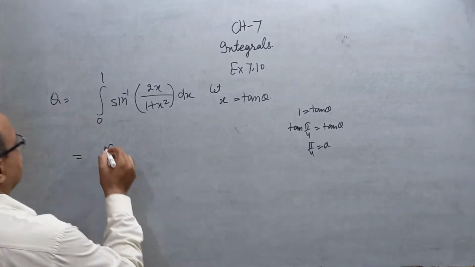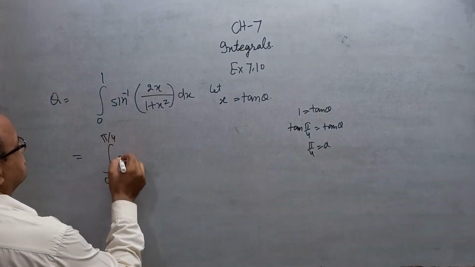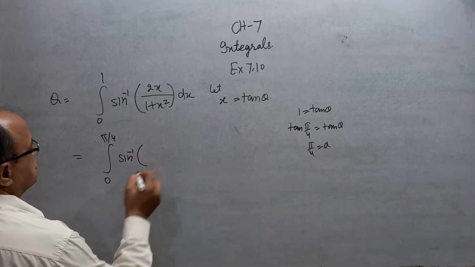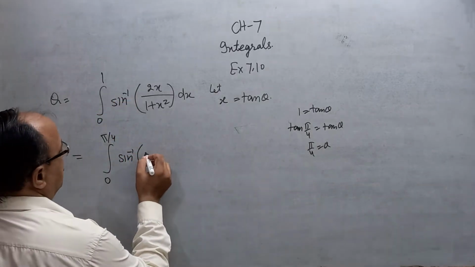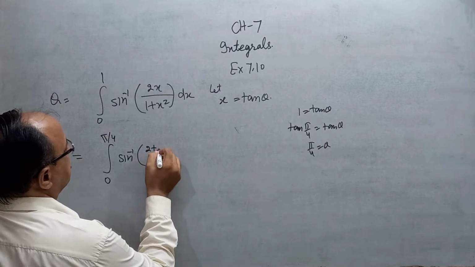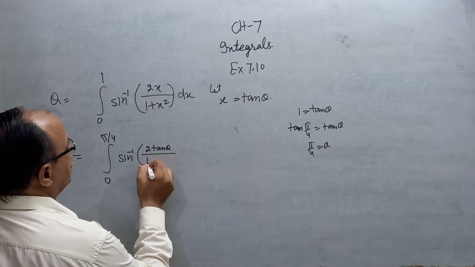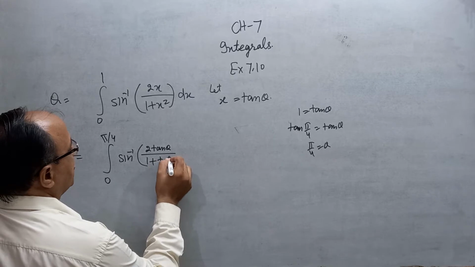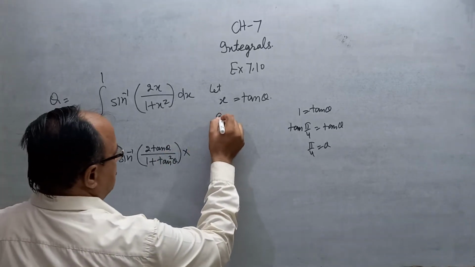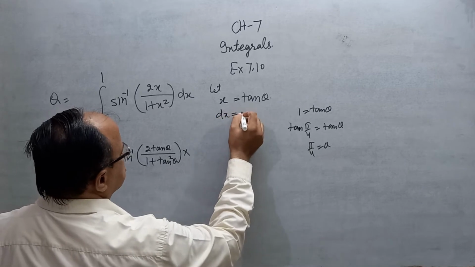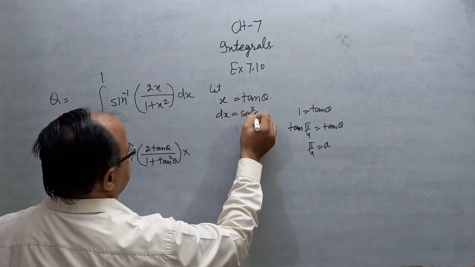Therefore, you can write the integral from 0 to pi by 4 of sin inverse of 2 tan theta upon 1 plus tan square theta, and in place of dx you write sec square theta d theta.